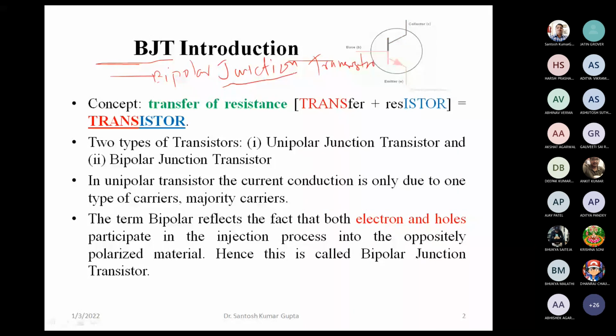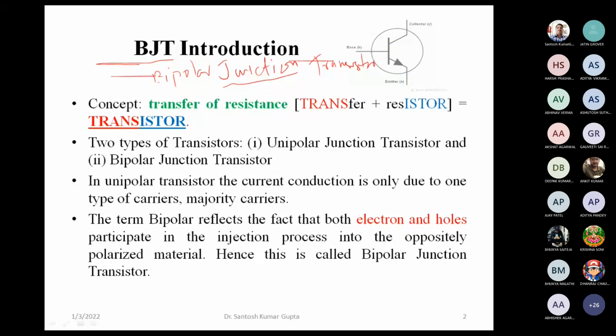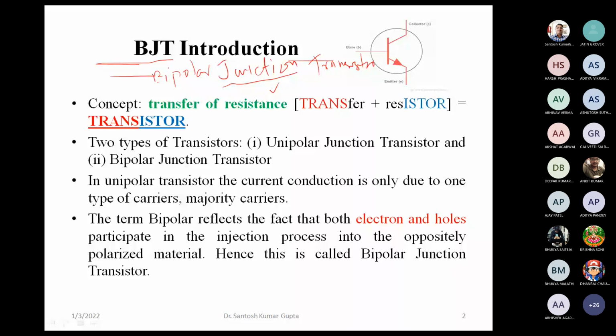So junction, okay, already we have accustomed ourselves with the junction. Junction is nothing but whenever we have P and N type of materials kept together, we have a junction in this context here.